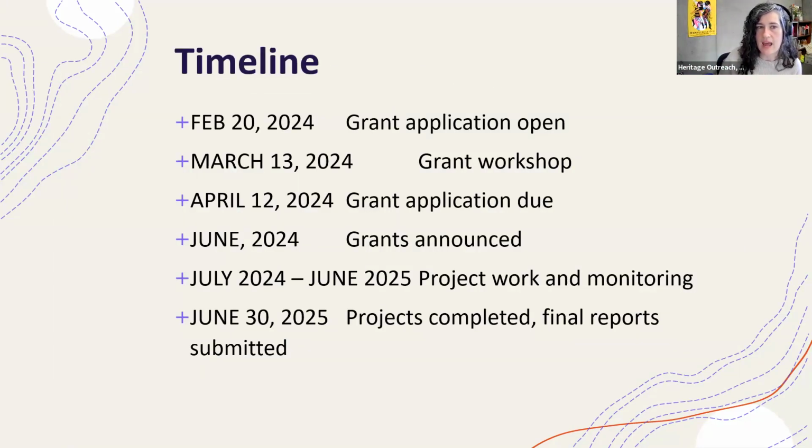As many of you know, the grant application opened February 20th. April 12th, the grant application is due. And in June, the grant awards are announced. Then there's the period from July 2024 to June 2025 when project work is happening, and we're checking in with grantees on how the project work is going.